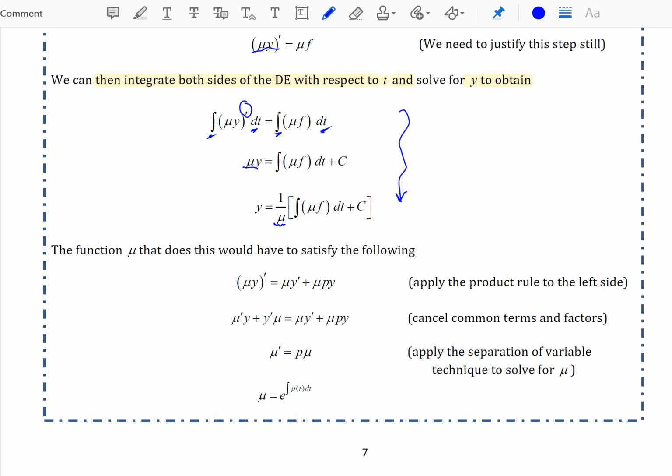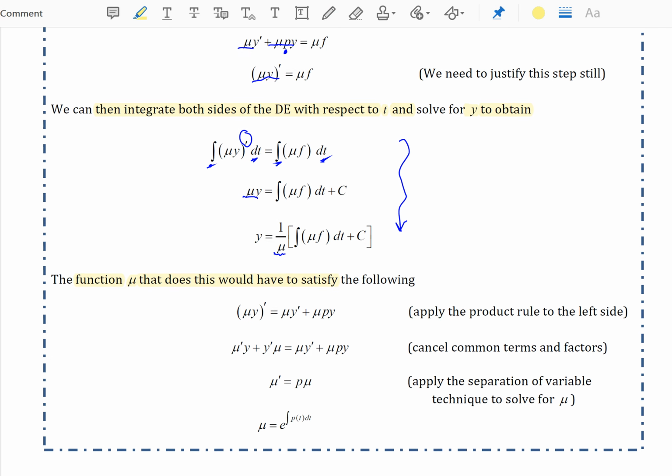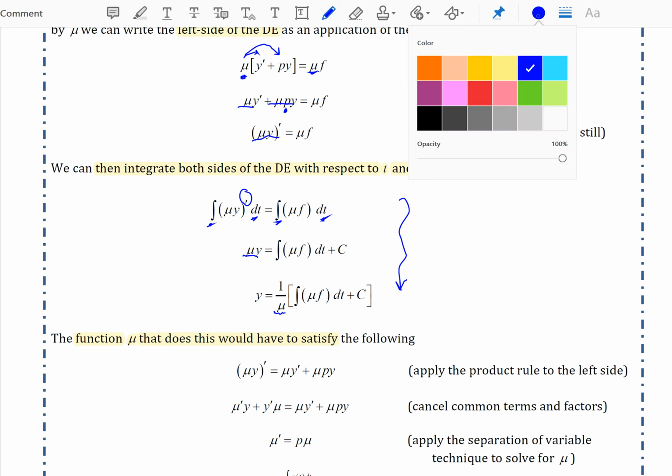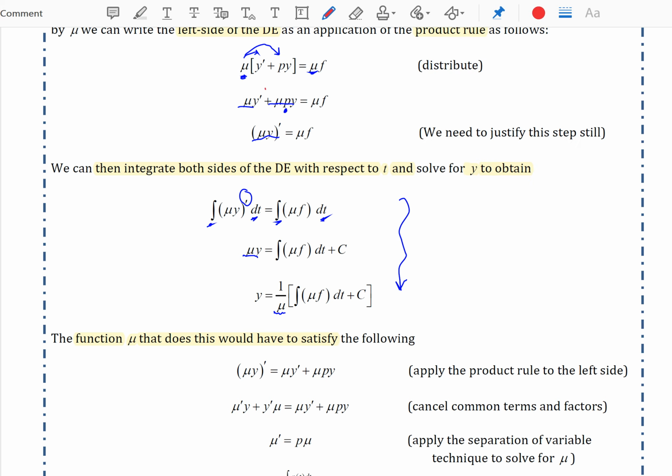Now, this method hinges on the fact that we're able to find a function mu that would do this. So to find a function mu that would do this, what we want to observe is that we need mu to make this equality happen. We need this mu y prime plus mu p y to somehow be written as a product rule.